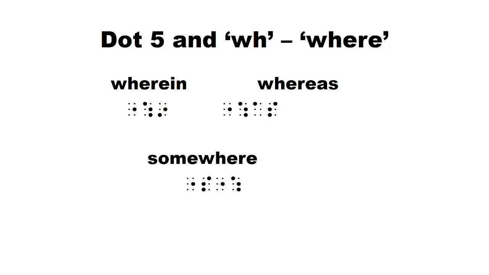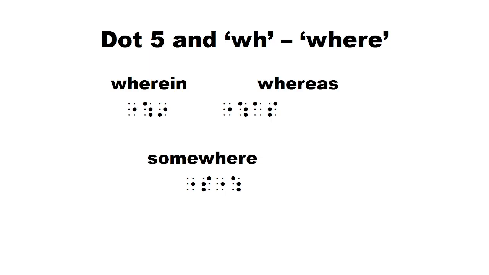Next is the word somewhere. So we can contract some, which is also a two-cell contraction. In the previous video that I had, the initial letter contraction with dot 5, that would be dot 5 and letter S to represent the word some.